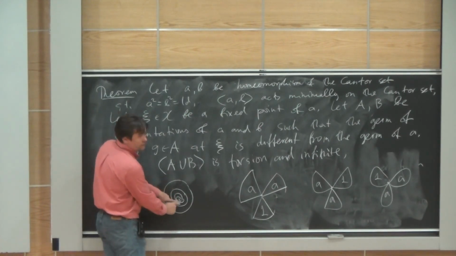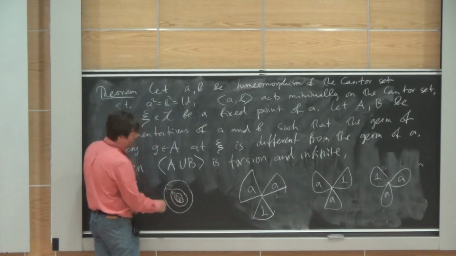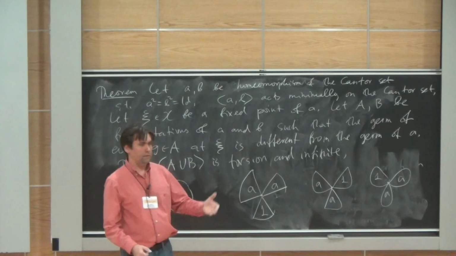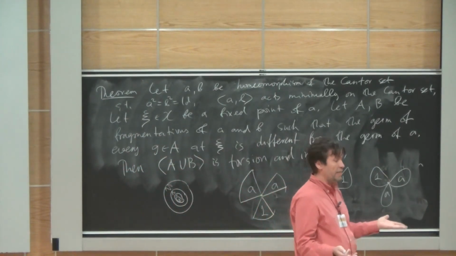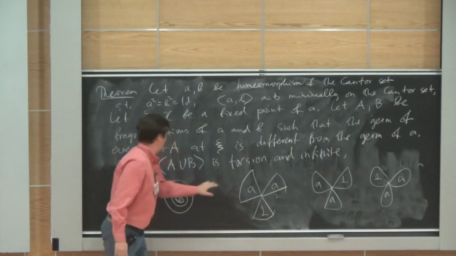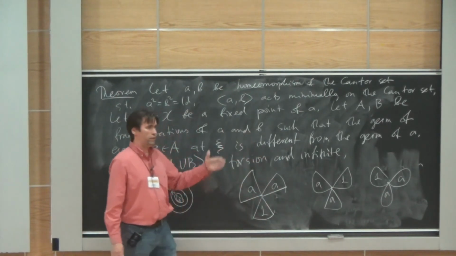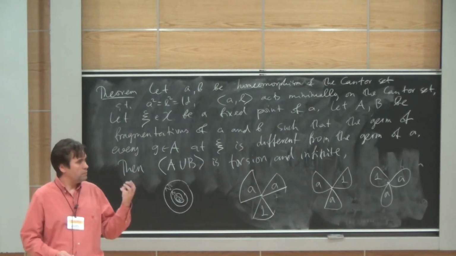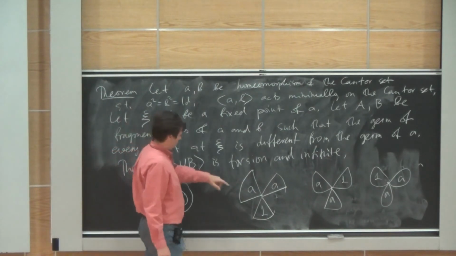Then, assuming that they are clopen, take their differences, so these rings, and then split the set of natural numbers into 3 infinite non-empty sets, and say that these are the rings corresponding to one set, those are the rings corresponding to the other set, and those are the rings corresponding to the third set. So there's a lot of freedom in constructing these. Well, I will repeat this tomorrow.